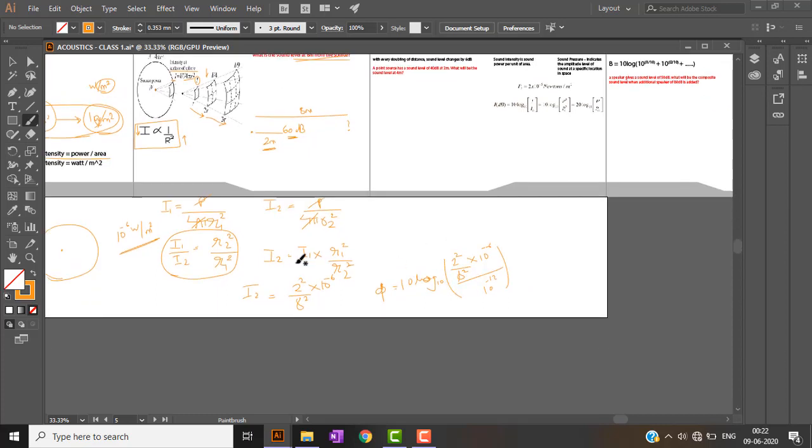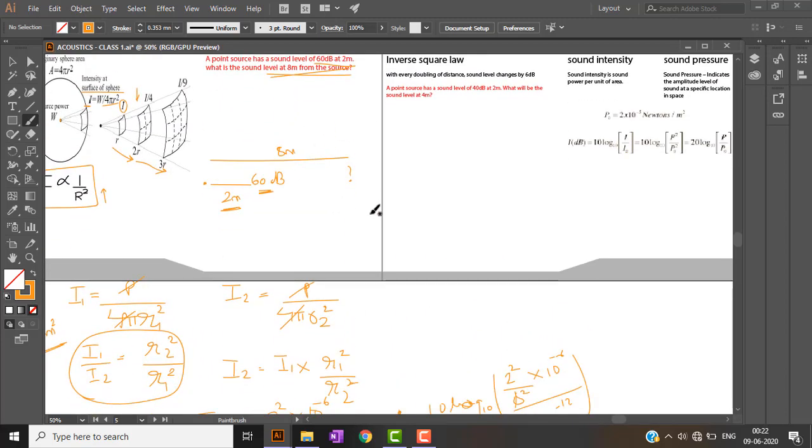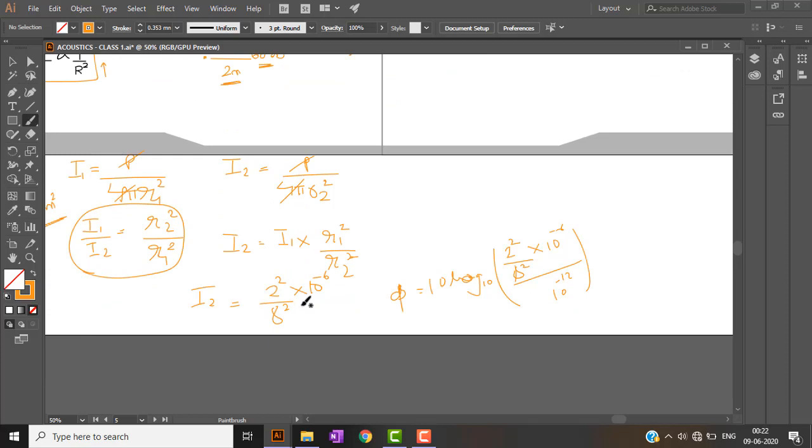Actually, let's solve this. Let's see what the answer comes as. 2 meter, 8 meter from the source. So it's nothing but 2 square divided by 8 square into 10 raised to minus 6. Let me use my calculator. 2 square divided by 8 square is 1 by 16.